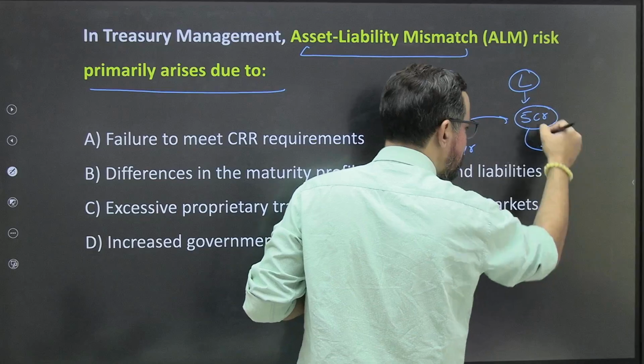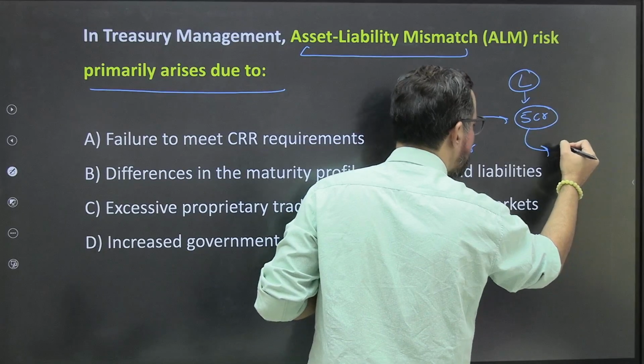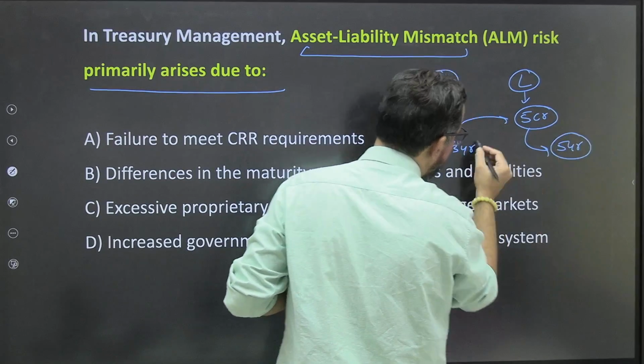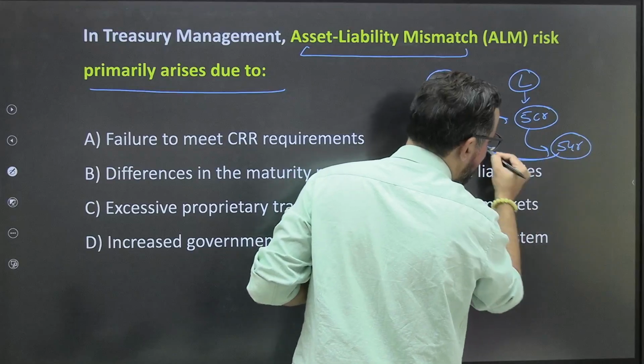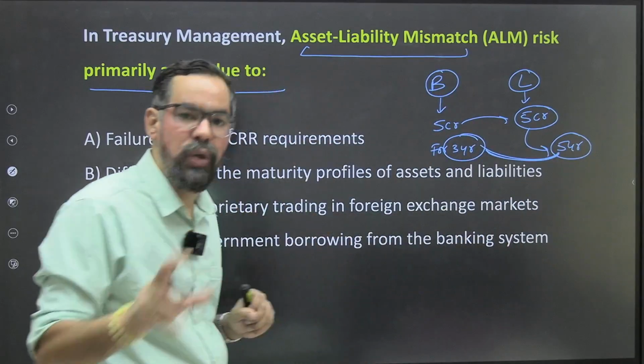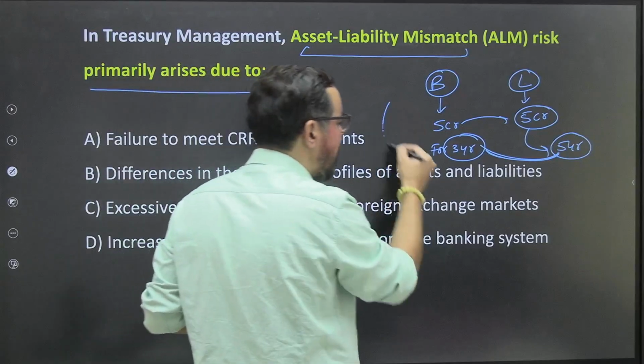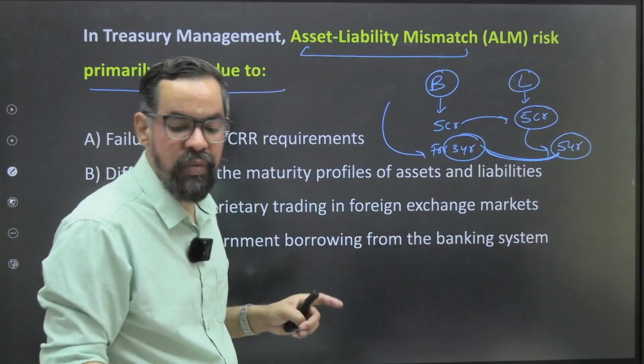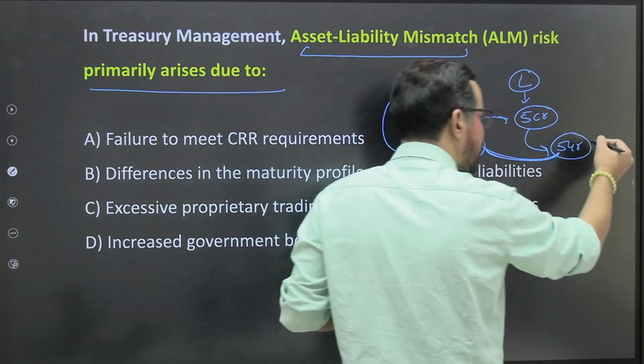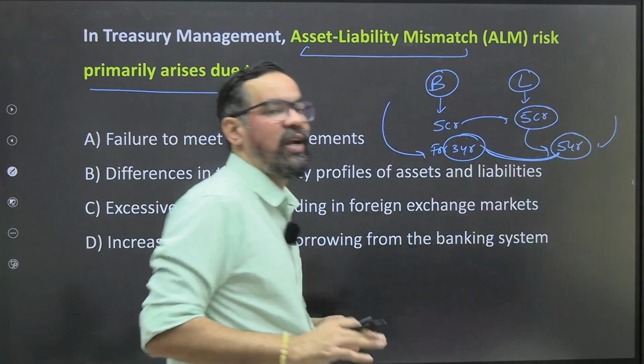Let's say this loan is for 5 years. So there is a mismatch in the maturity, a negative variance of 2 years. That means you have to make payments to the customer at the end of the third year, but you will receive the full amount at the end of the fifth year.